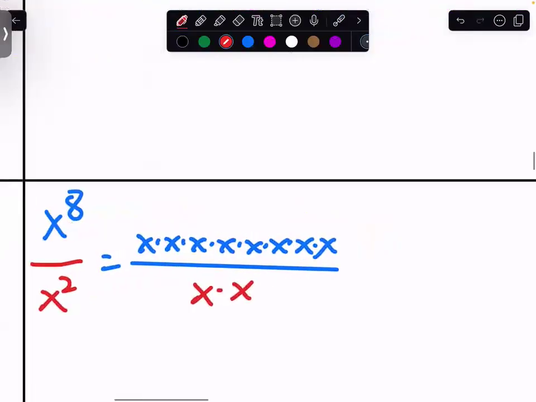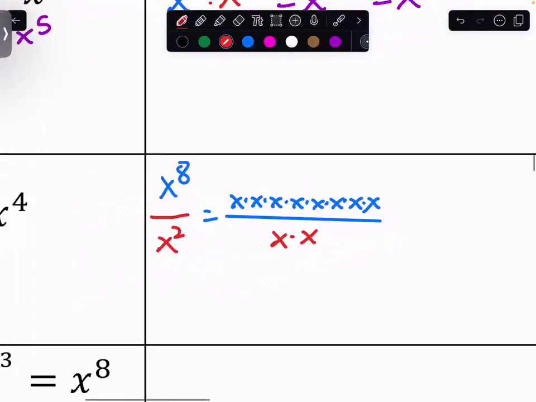Okay, and then we know that when we reduce fractions, we're allowed to cancel out a common factor of the numerator and denominator. So we can get rid of one pair of x's, one each from the top and the bottom, and we can cancel out a second pair of x's. Okay, but we can't do any more because there's no more x's on the bottom.